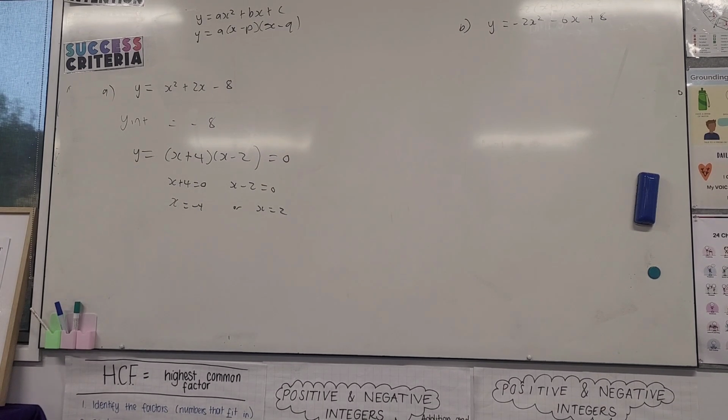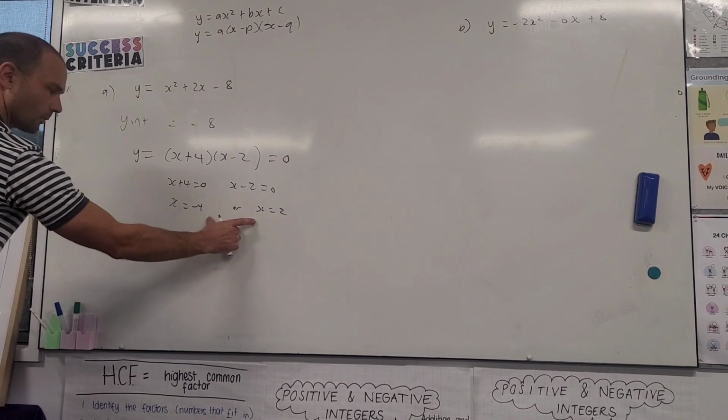Okay, so this is the new part that we're introducing you to. It says identify the axis of symmetry and the coordinates of the vertex. So the vertex means that maximum or minimum point. Now there are two ways to do this. The vertex occurs exactly halfway between these.